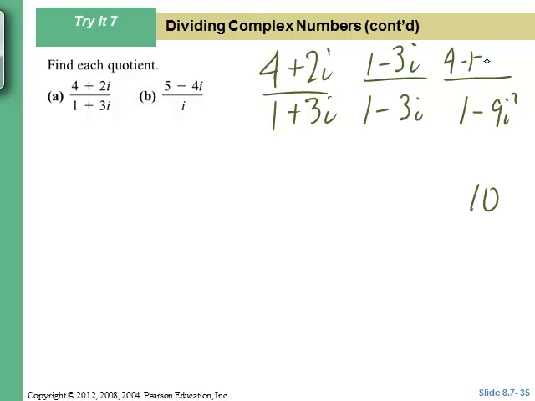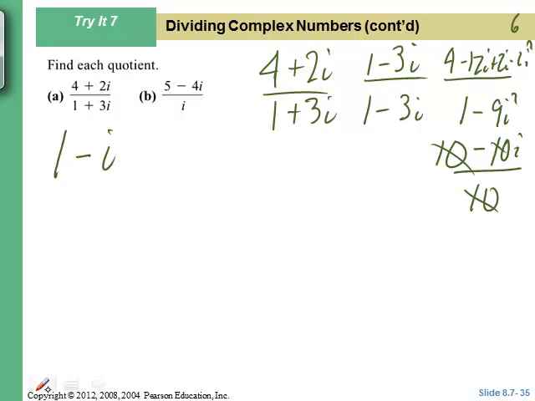Outsides minus 12i. Insides plus 2i. Lasts is minus 6i squared. But minus 6i squared is the same as plus 6. 4 and 6 makes 10 minus 10i. And so we just divide everything by 10, and you get 1 minus i.